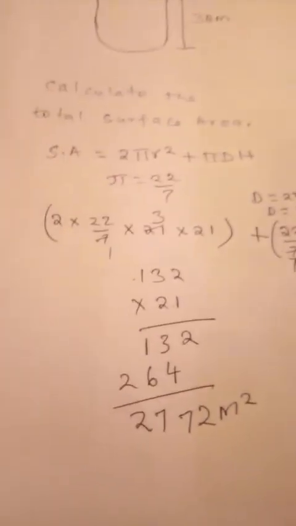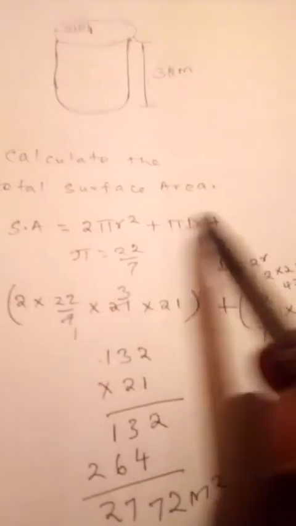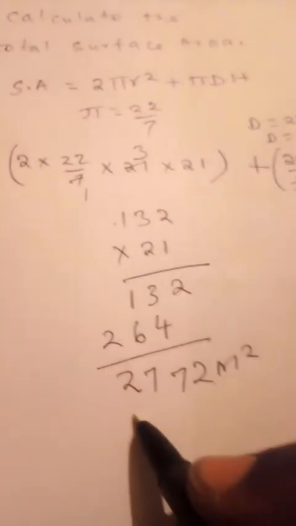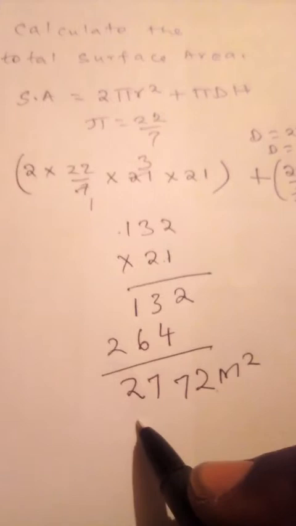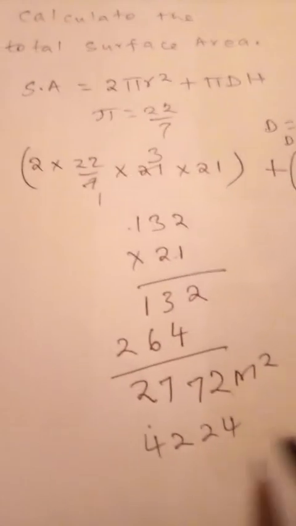And the formula says that it is 2 pi r squared plus pi dh. So our 2 pi r squared is 2772 meters square, plus our pi dh, which is 4224 meters square.